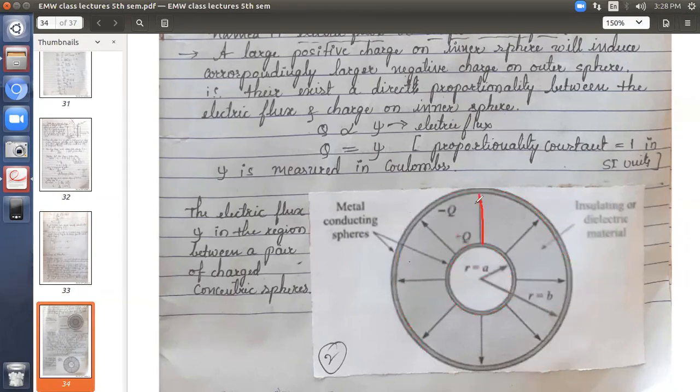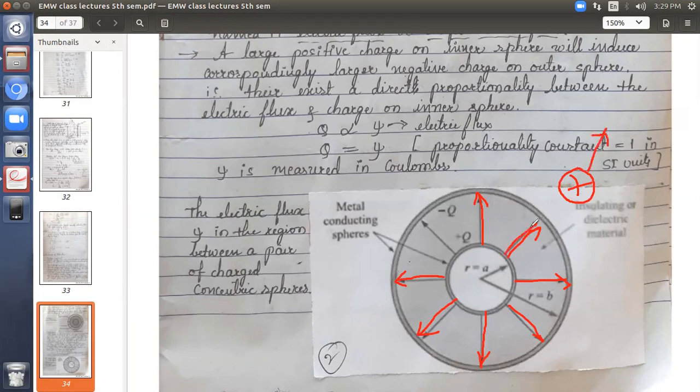You can observe here that there are field lines coming out from the inner sphere and going towards the outer sphere. What does that mean? You know the conventions used. Whenever there is a positive charge, whether the lines will converge or diverge, I think for a positive charge they diverge.